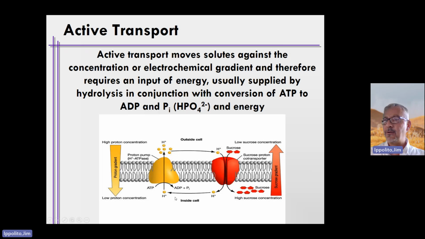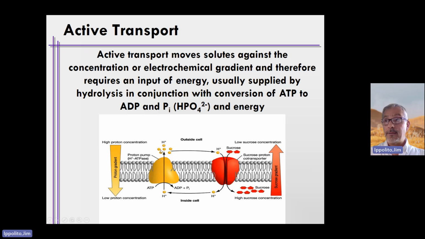Well, inside the cell itself, there's the creation of free protons in the form of hydrogen. This is formed by the splitting of water, hydrolysis. And that requires energy. And then to pump this hydrogen across the plasma membrane requires energy in the form of ATP, which pumps hydrogens out to the outside of the cell.